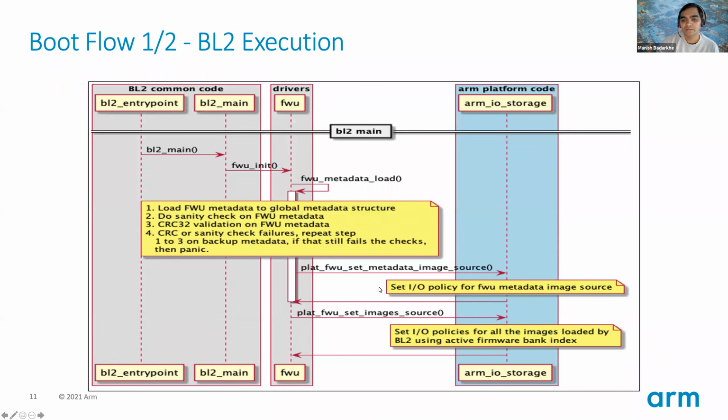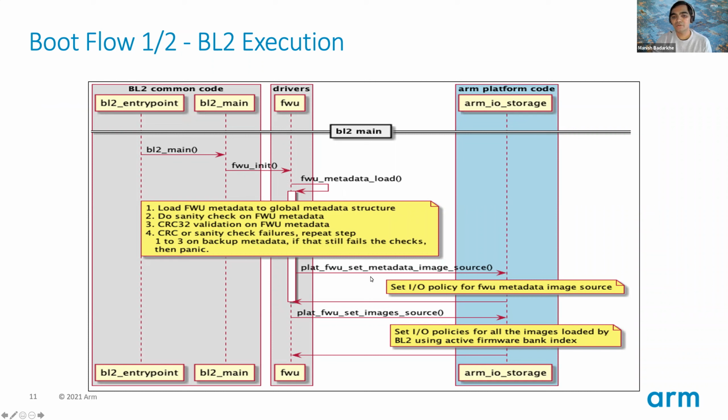For this metadata, we want to set the IO policies first, so that the IO driver gets to know where this metadata is residing, and accordingly takes the action of loading. GPT is recommended. The ARM platform uses the GPT to grab the information about where the metadata resides, and accordingly updates these IO policies.